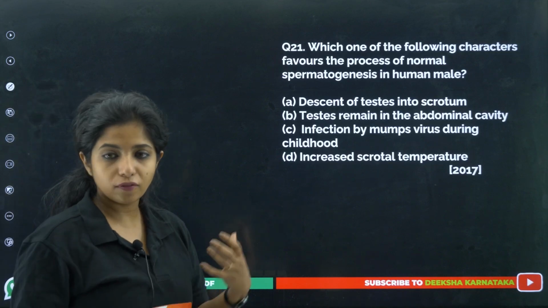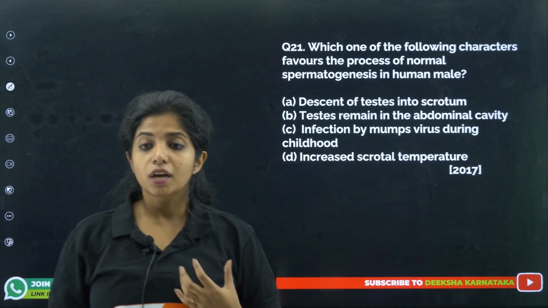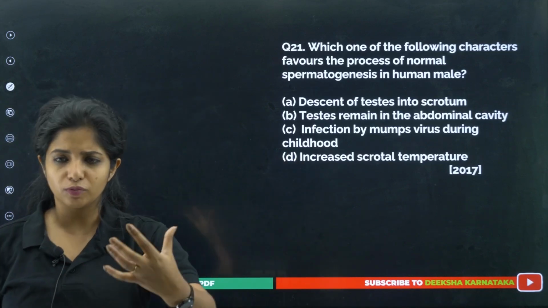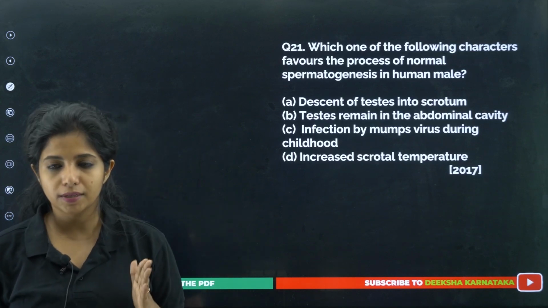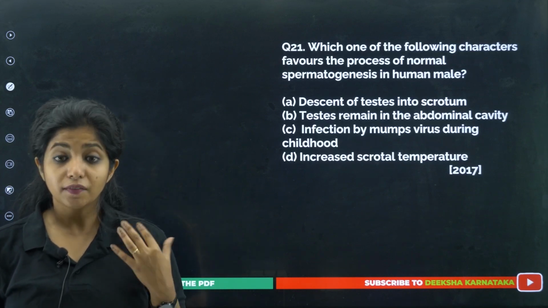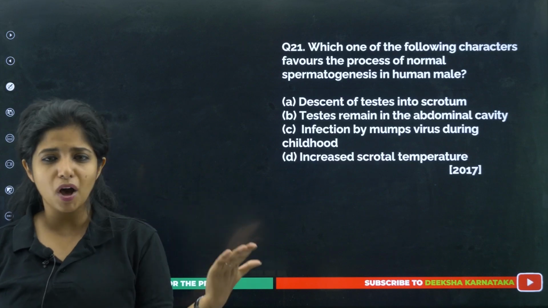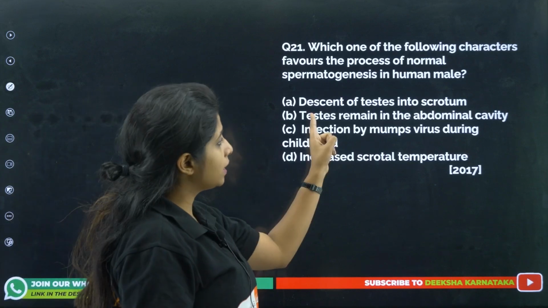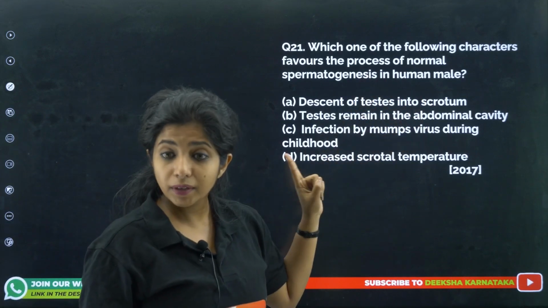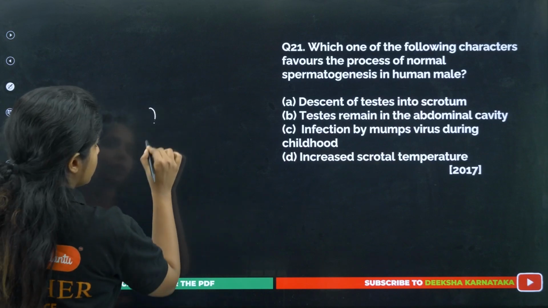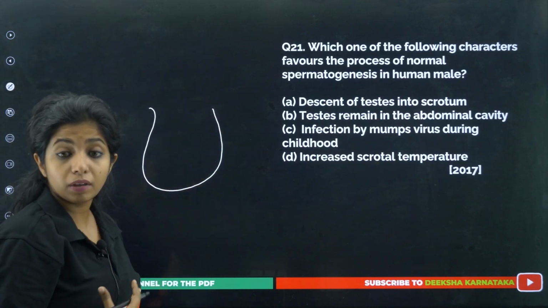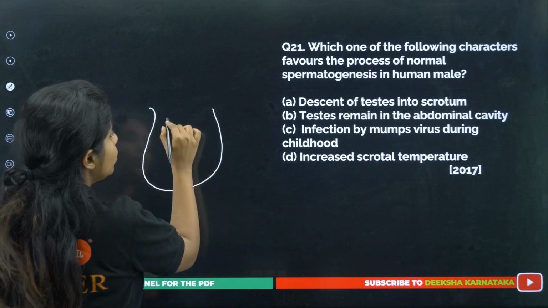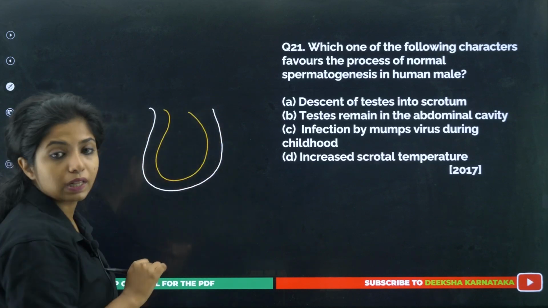Which one of these characters would be helping in the formation of sperms in the case of human males? Descent of testis into the scrotum, will it help in any case? The scrotum is over here, and the testis, which is within the male body, will be slowly moving down into the scrotal sac.